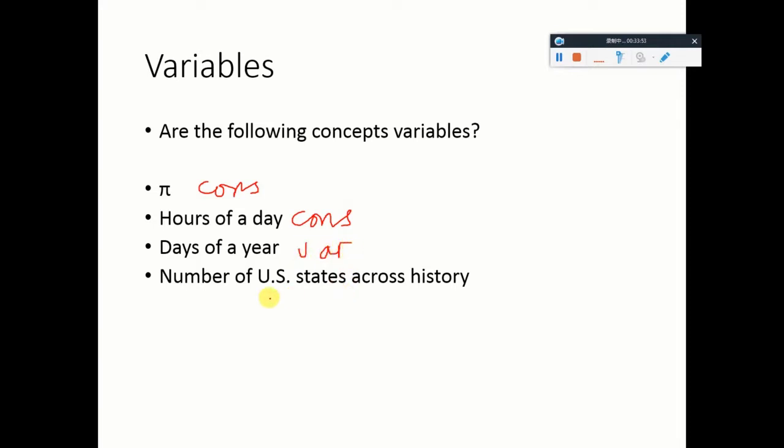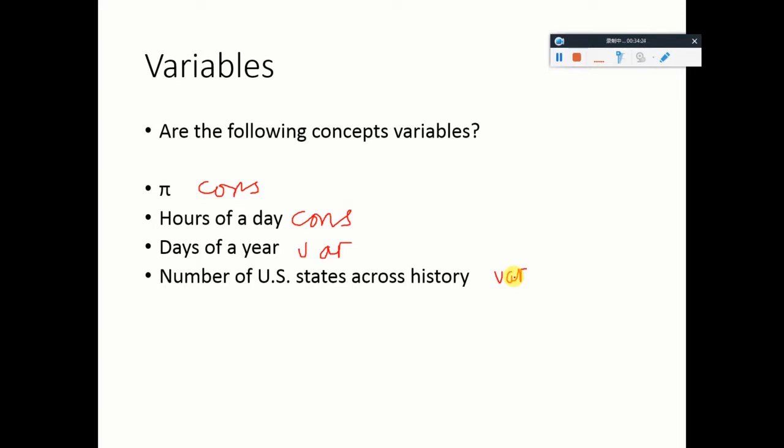Okay. How about the number of the states in the United States across history? Is this number a constant or a variable? Well, if you know American history pretty well, you will say that of course it's a variable because the United States, when it was founded, it only has, I don't know, maybe 13 some states.